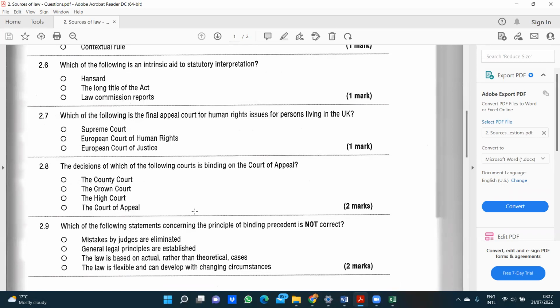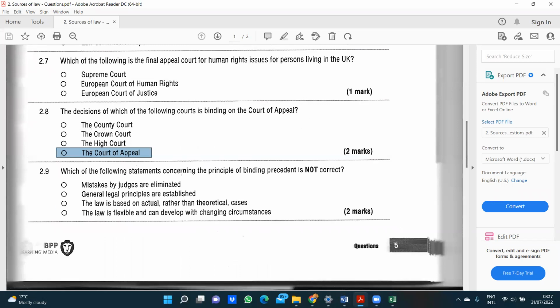The only courts that bind the Court of Appeal are the Supreme Court and the European Court of Justice, and itself. If there is no European Court of Justice or Supreme Court decision, then it is itself.